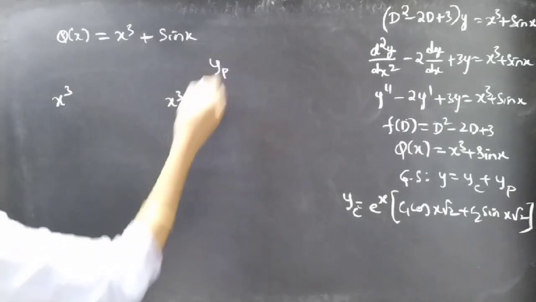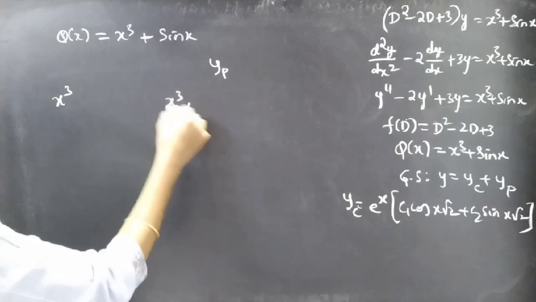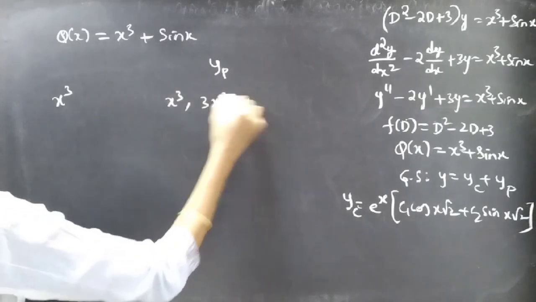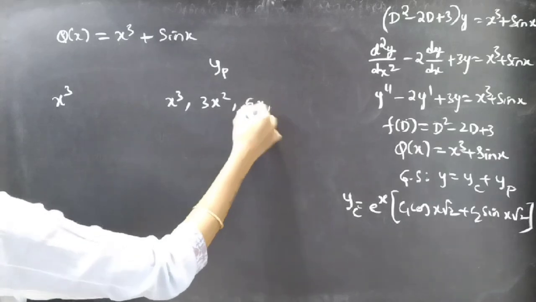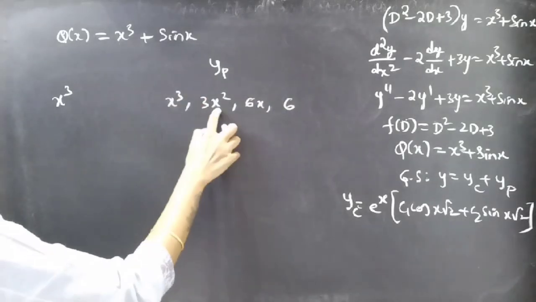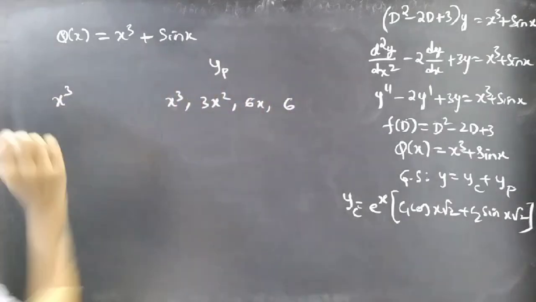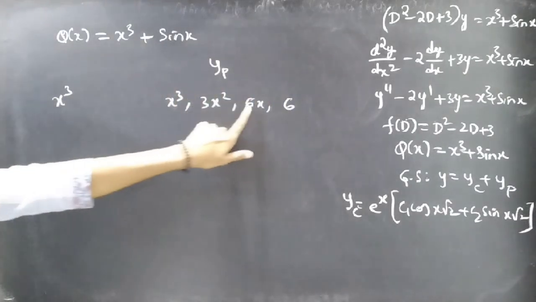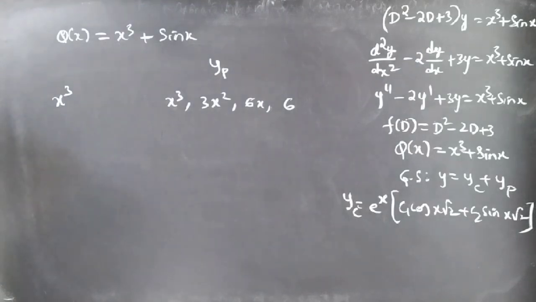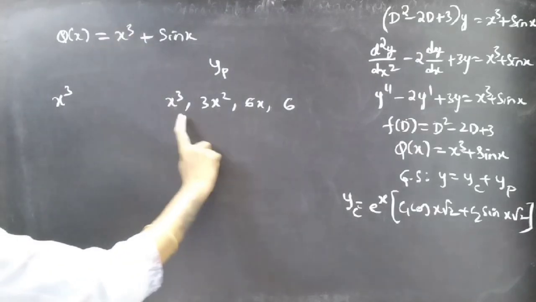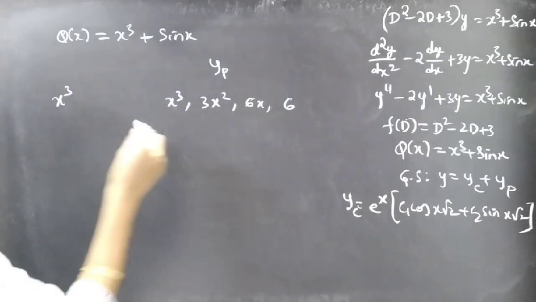Yp should contain this. Find the derivative of x cube, you'll get 3x square. Find its derivative, you'll get 6x, and its derivative is 6, right? You have terms x cube, x square, x and a constant, neglecting the constant coefficients 3 and 6. If you take x cube, find all its derivatives.